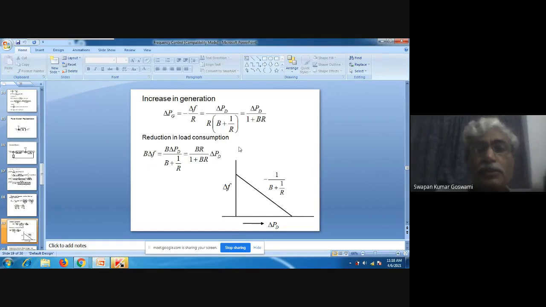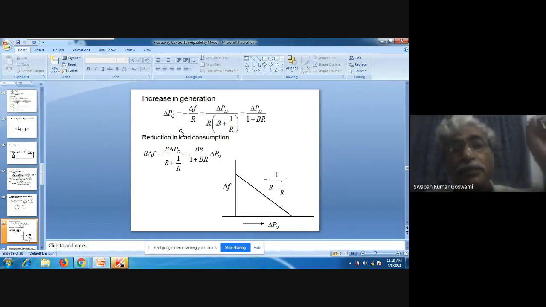Okay, that means you see how the increased demand is being supplied by the system. How is it being supplied? We are talking about the final steady state. What is happening at the end, when the new steady state is arrived at, after the change in frequency, that means when somebody has switched on a load, as a result frequency has changed.